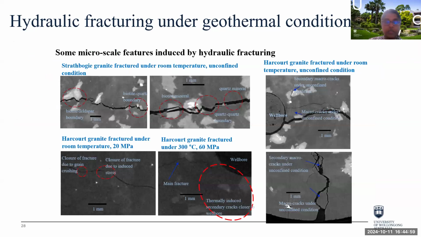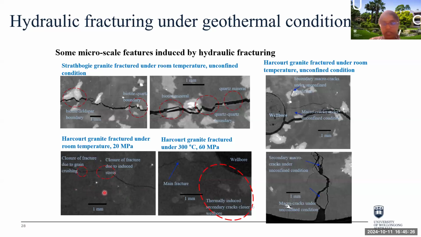So these are some micro-scale features induced by water-based fracking, and this result shows fractures tend to propagate along grain boundaries mainly. However, when propagation continues, they tend to break weak minerals, usually large grains, minerals with pre-existing microcracks, forming intergranular cracks in some situations.